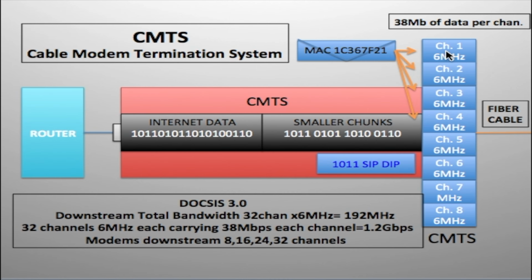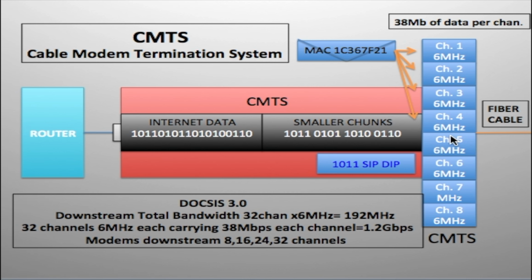Now, that would be 38 megabits of data times 4, which would be 152 megabits of data that you would have access to. If you did a speed test, you'll see that your data rate should be 152 megabits per second because you have access to these 4 channels.